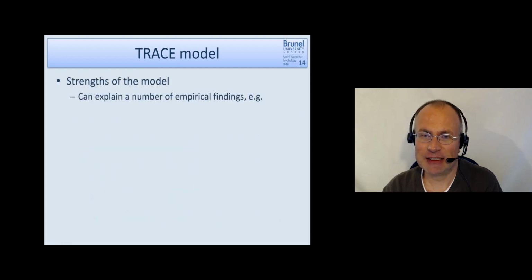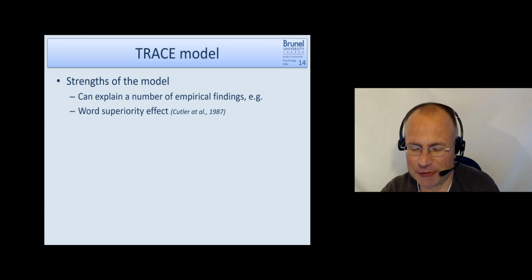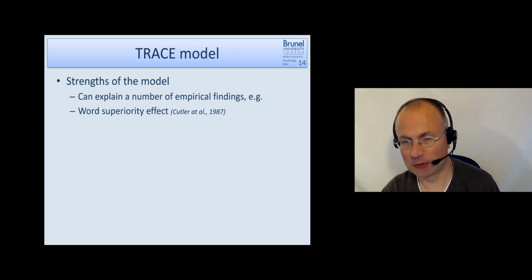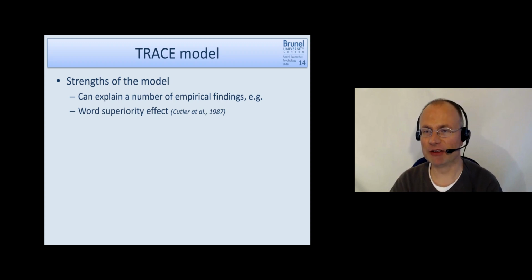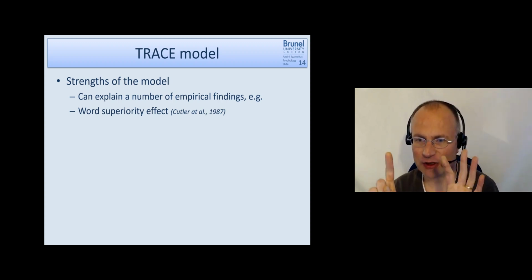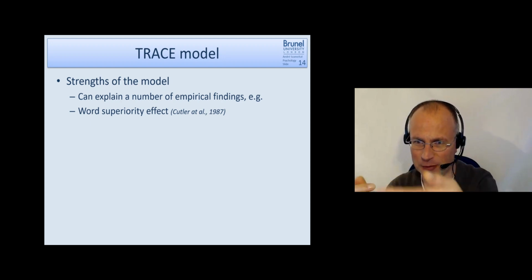Another finding which can be explained is the word superiority effect. If you remember, in the last lecture, Language 1, we spoke about this in the visual domain, when people had to identify a letter presented to them, and the presentation was so brief and masked that it's really difficult.